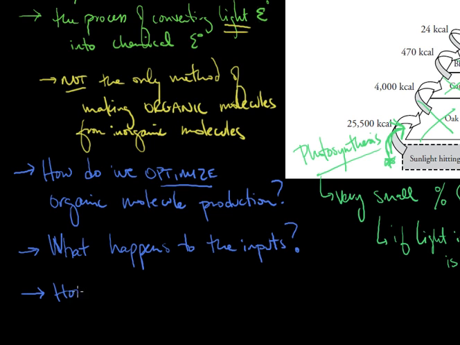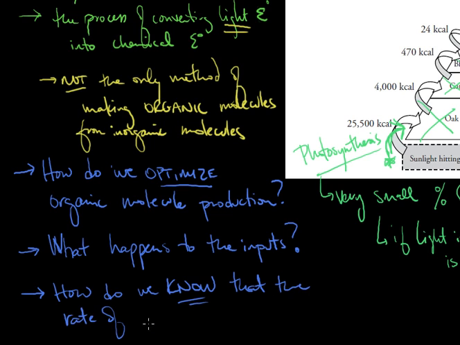And how do we really know that the rate of photosynthesis is increasing? Now, if you're thinking about your aquaponics system, which I hope you are, you should be thinking about how do we increase the rate of photosynthesis so then we can actually increase the food production in our system. And that's really, really important to think about.